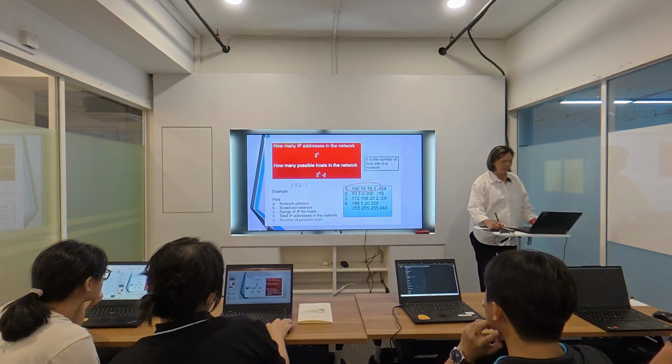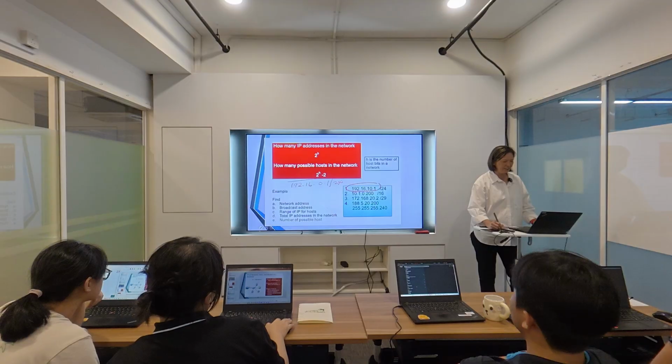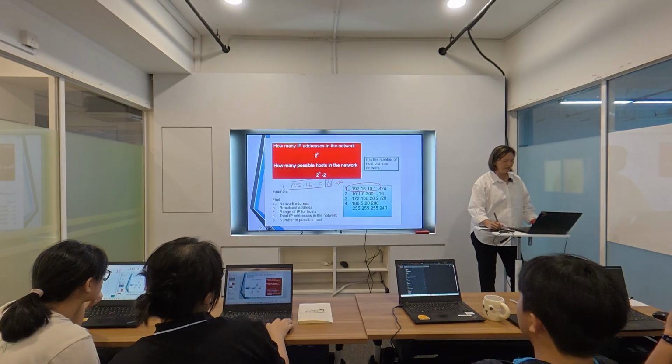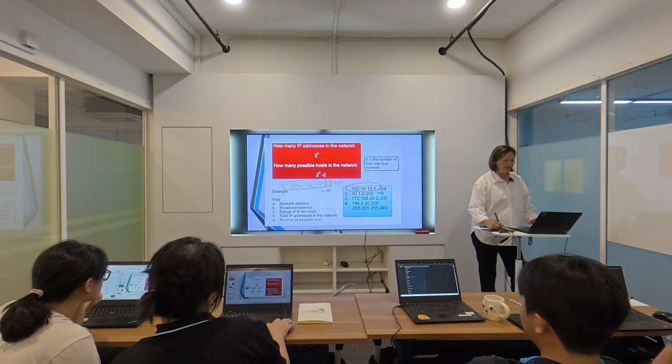So 192.16.0.1, if I use /24, it means that the first 3 decimals are the network part and the last decimal is the host part. If I change the host part all to 0, that would be the network address.